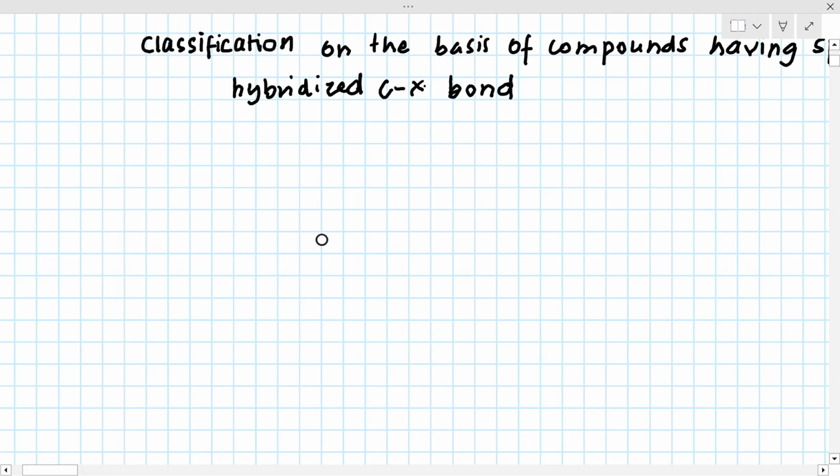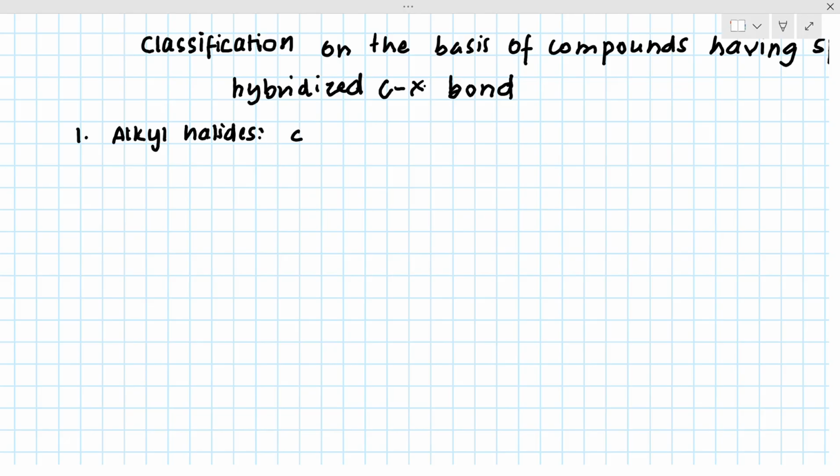First is alkyl halides. What are alkyl halides, which we studied? That is nothing but haloalkanes.